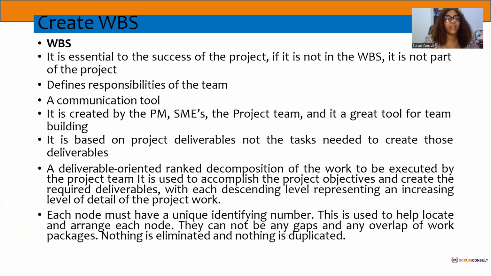So that's what we have here. It is based on project deliverables, not the tasks needed to create those things. So in the work breakdown structure, please note, you only want to capture the project deliverables, the scope, the requirements that have been agreed upon. You are not looking at putting in the activities to create that project.